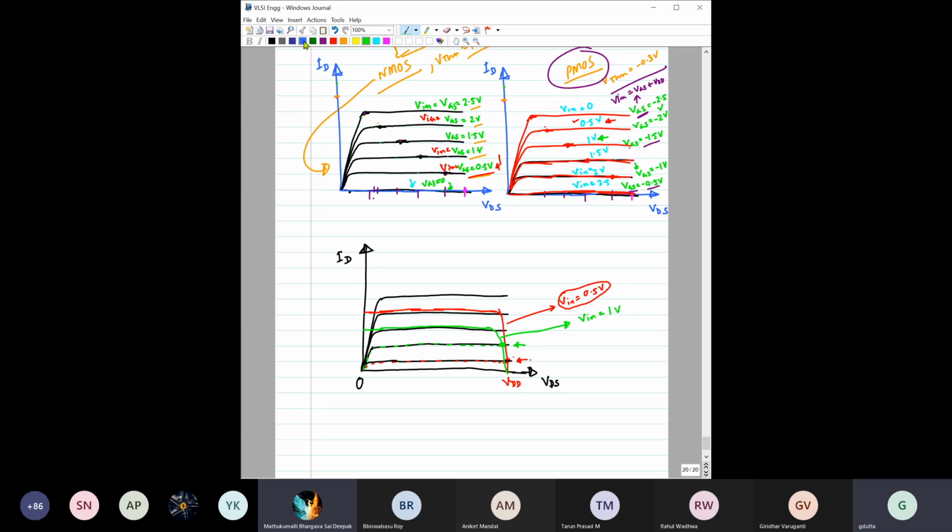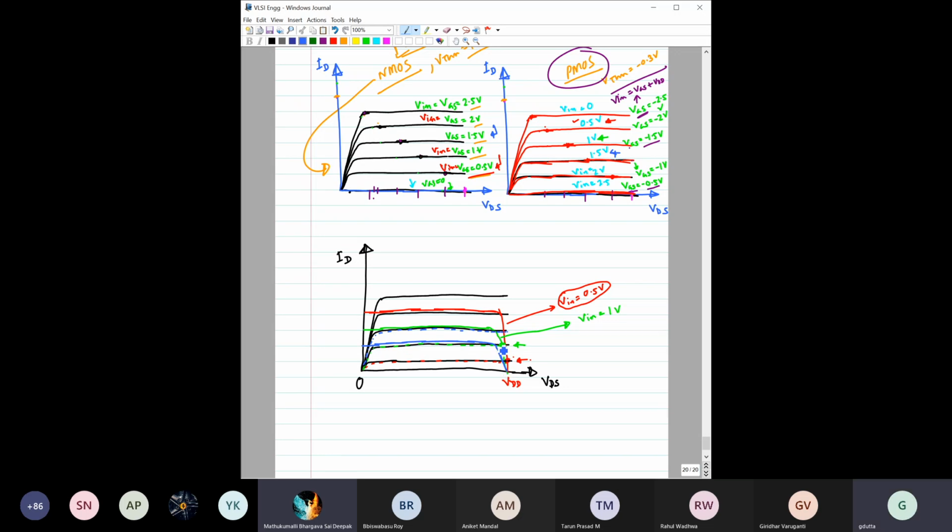And let us again take some other color. So let us then shift to Vin equal to 1.5. So for Vin equal to 1.5, for NMOS it is this blue one, right? And for PMOS it is this one, which is below this, right?